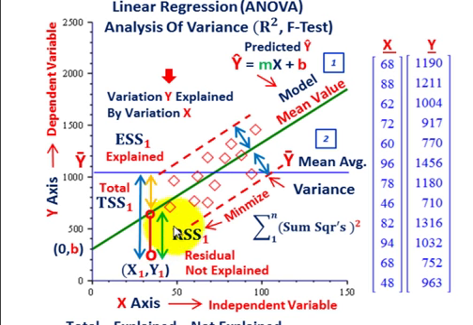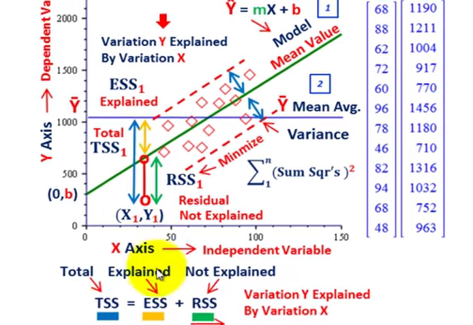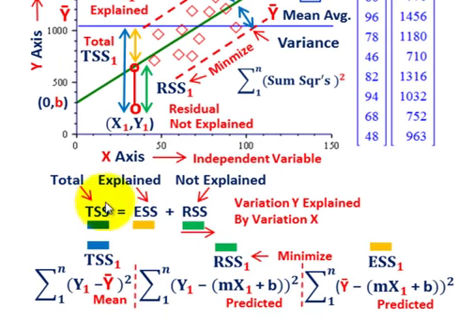The residual sums of squares plus our explained sums of squares, ESS, equal our total sums of squares, as shown here. Again, total sums of squares equals the explained sums of squares plus the RSS, the not explained sums of squares. So we're looking for the variation in y that's explained by the variation in x. That's what we're doing here.